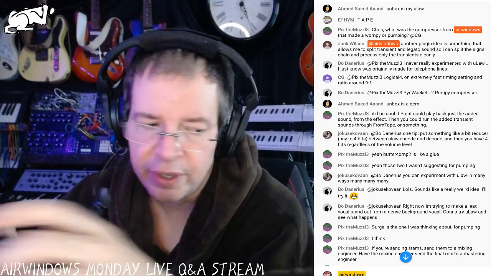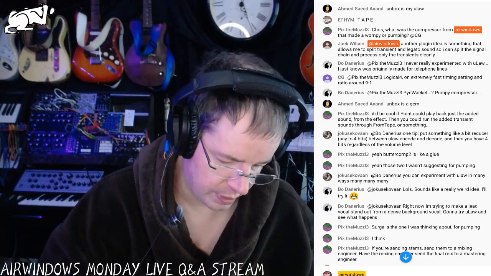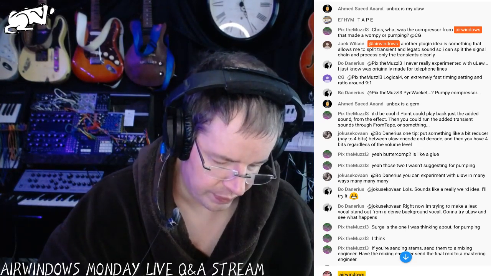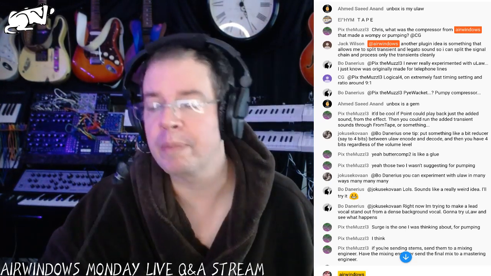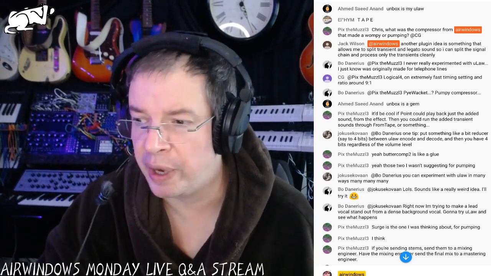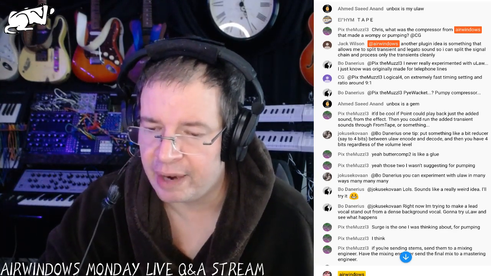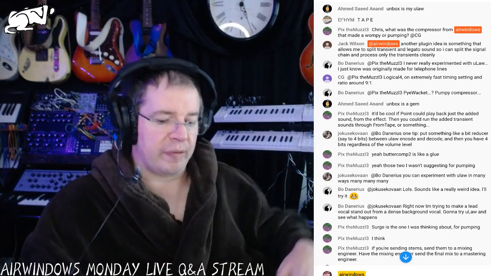So the transient splitting is something I have not forgotten about, but it would need to be more sophisticated than going like, yeah, use Point twice with the same settings and have one of them split so that you're subtracting dry from it.